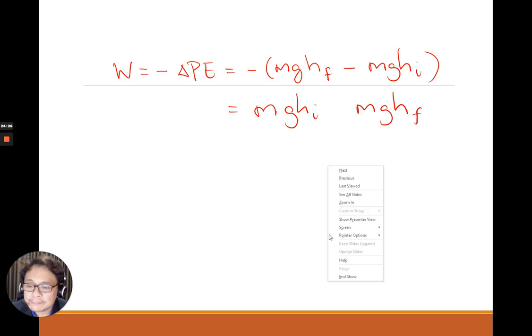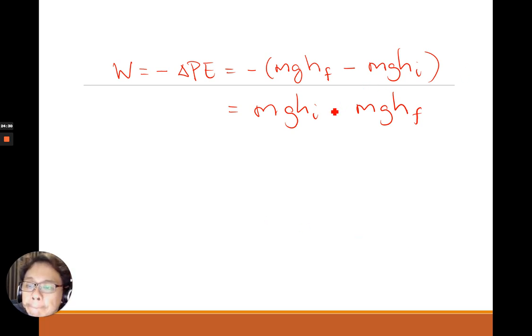Nagbaliktad sila, and mgh initial will become positive. So pagka dinistribute mo, this work is equal to negative delta PE, the negative change in potential energy.